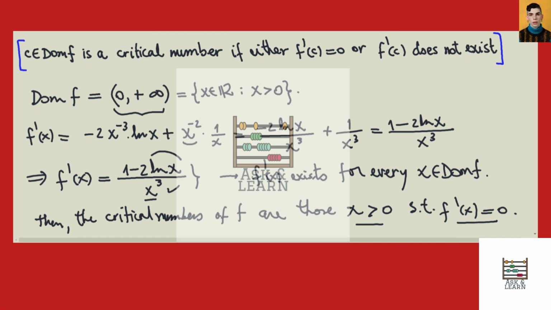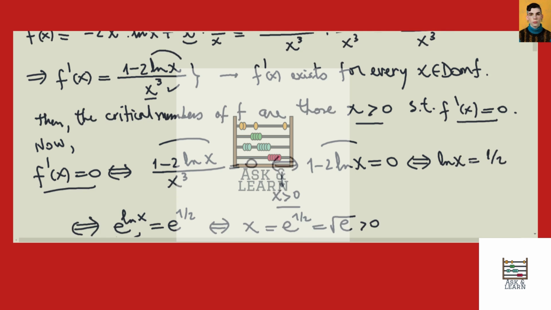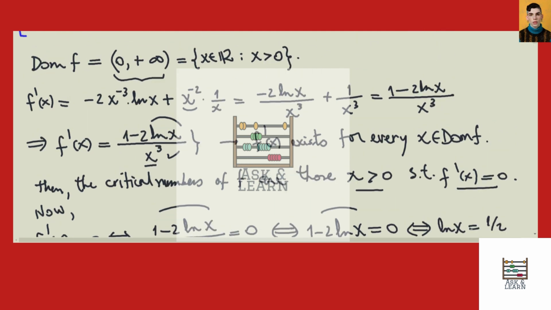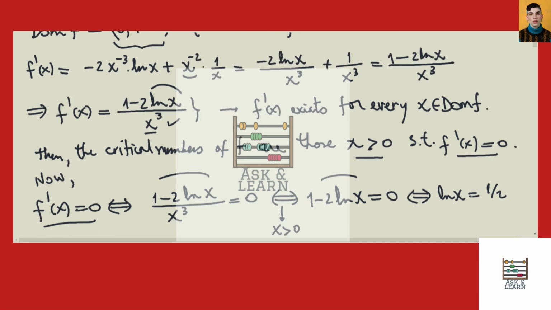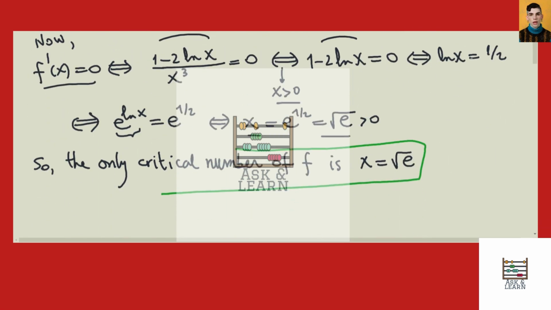If there are points in the domain where the derivative does not exist, they are critical points or numbers. And besides that, we've got to find where the derivative is equal to 0. So we have done that, and we found only one critical point in this example.